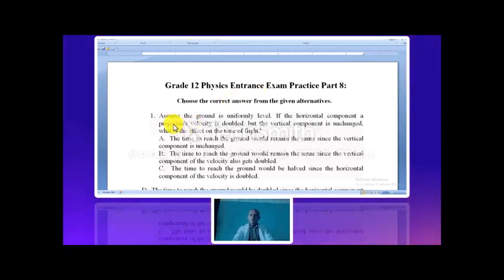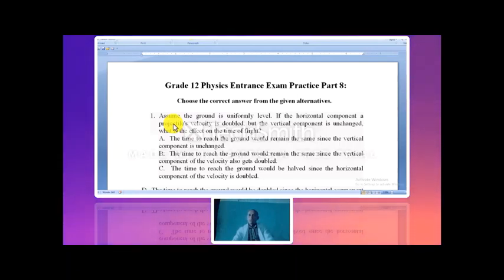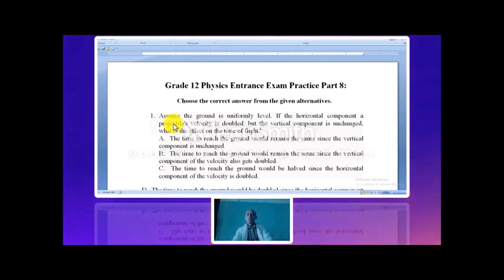Assume the ground is uniformly leveled. If the horizontal component of a projectile's velocity is doubled, but the vertical component is unchanged, what is the effect on the time of flight? Choice A: the time to reach the ground will remain the same since the vertical component is unchanged.